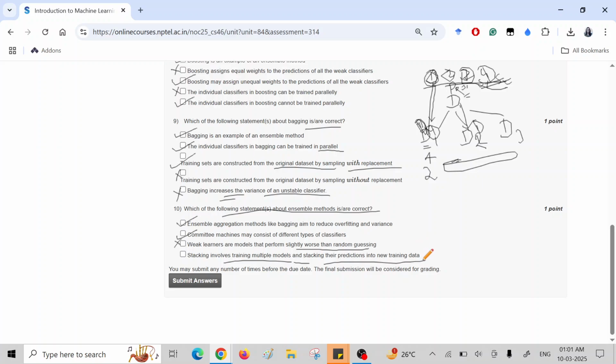And finally we try to find the best predictions made by all those different models. So yes, this also is a correct option.